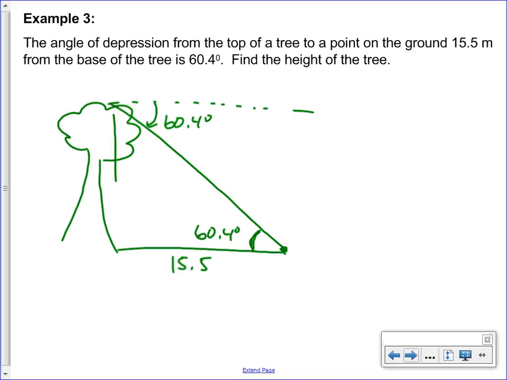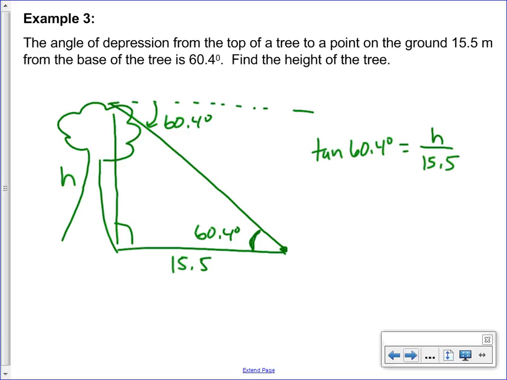Of course, you've got this right triangle. I'm trying to find the height of the tree, so your variable h is perfectly acceptable for height. Take a look at what you've got. You're looking for the opposite, but you have the adjacent from 60.4. So that would be tan 60.4 is equal to h over 15.5.